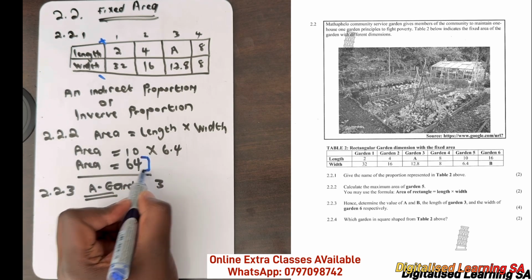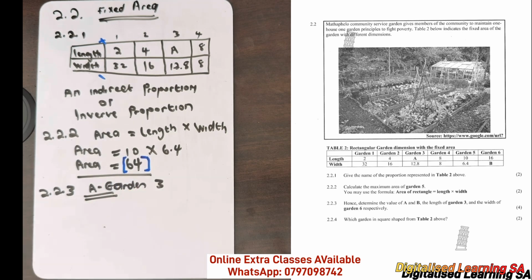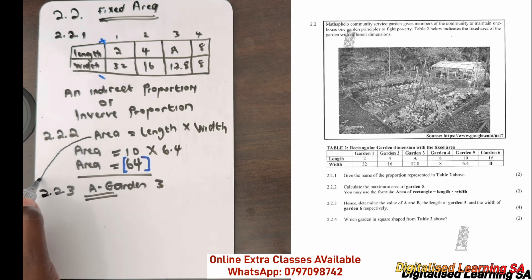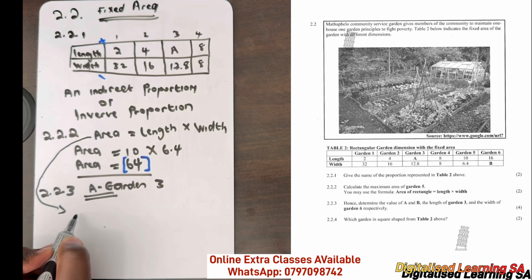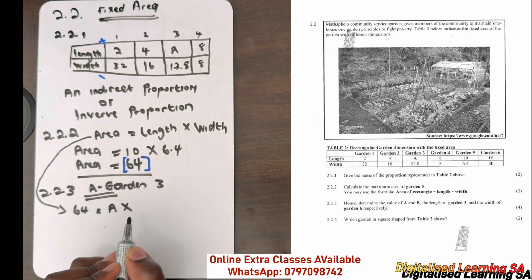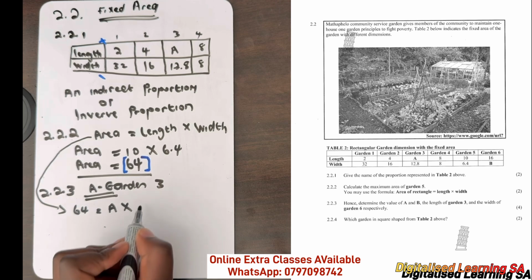We are looking for A, the length of garden 3, so we are going to use the same formula. We will have 64 equals our length, A, multiplied by the width of garden 3, which is 12.8.